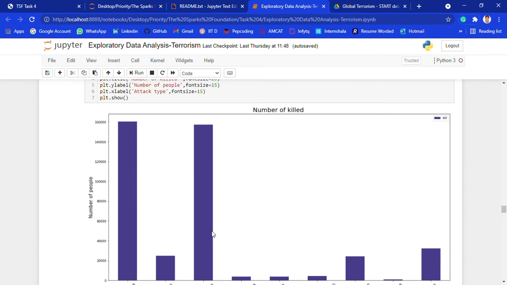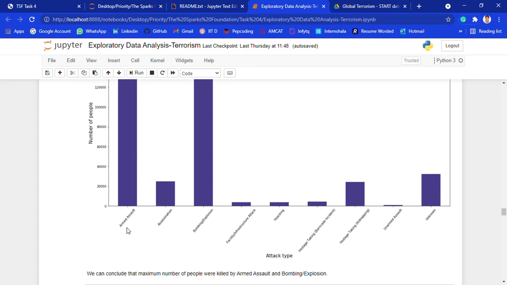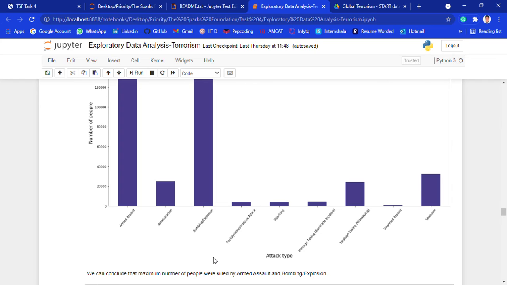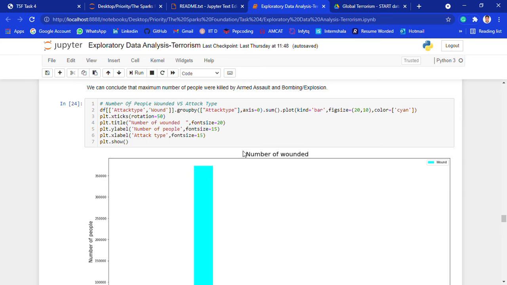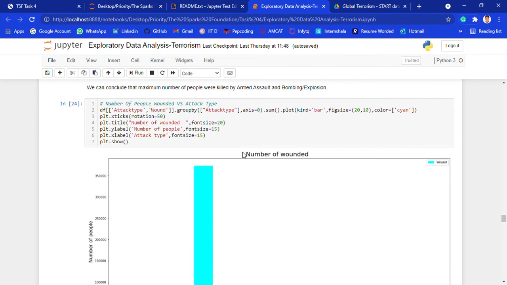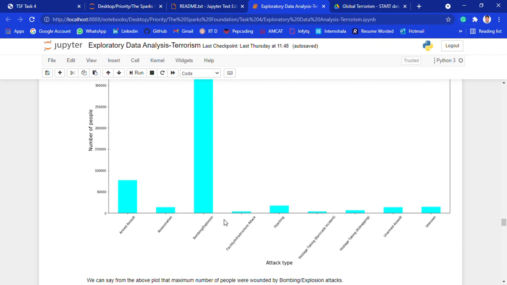The most people were killed by armed assaults, and bombing explosions are not very far behind, and these types of attacks are very dangerous for mankind. Checking the number of wounded, it can be counted as the number of casualties plus the number of people who have been killed, and we can see that the number of people affected or who suffered casualties due to bombing explosions is very high.